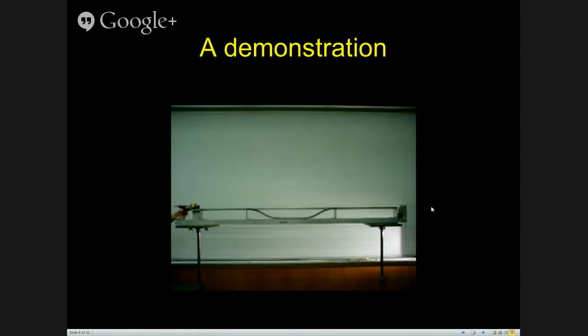So here's an example. This is a physics experiment video, and I show you a track. On the left-hand side of the image, I have a pistol that will fire two balls simultaneously.